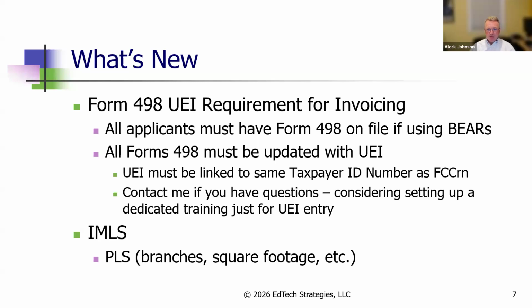If you are using BEARS, your Form 498 is going to need to be updated to include what's called a UEI, which is a Unique Entity Identifier. That is an ID number that is assigned by the federal government to every library and school, and frankly, most other organizations around the country. That's where the SAM.gov registration that we talked about a couple of years ago comes in. The main purpose of that is to make sure that you have a UEI.